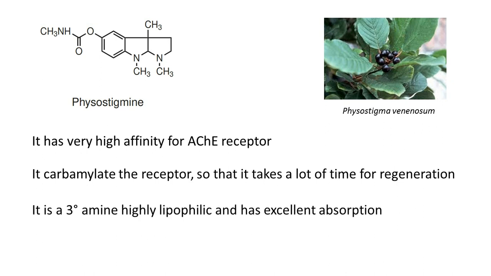It's a tertiary amine, highly lipophilic, and has excellent absorption. It's not a quaternary ammonium salt, unlike other molecules you will see in this category. And it has many side effects.